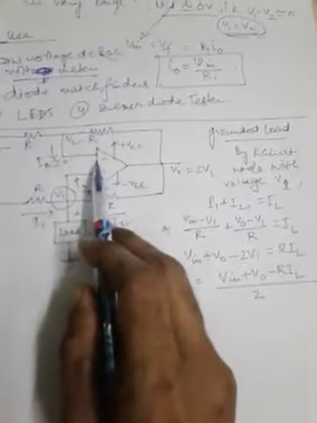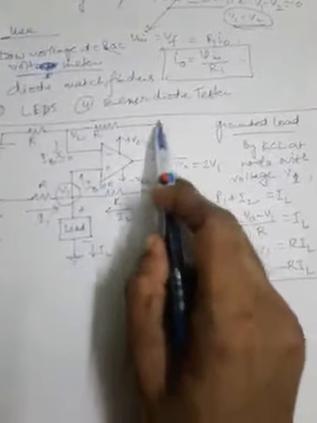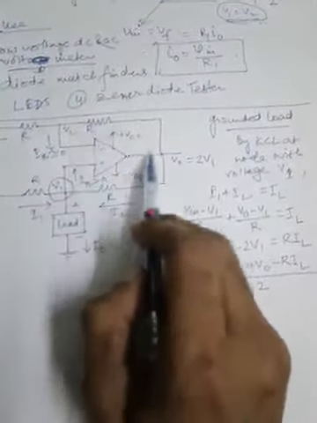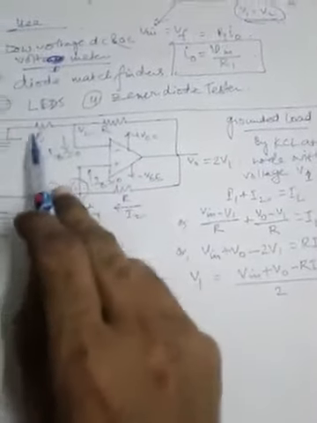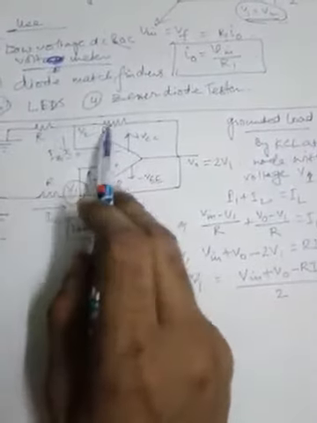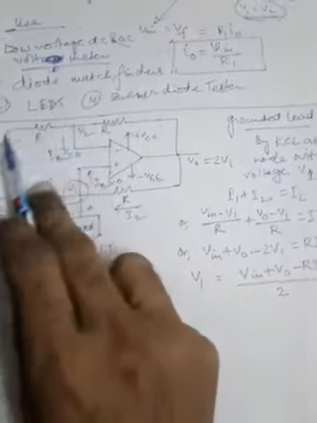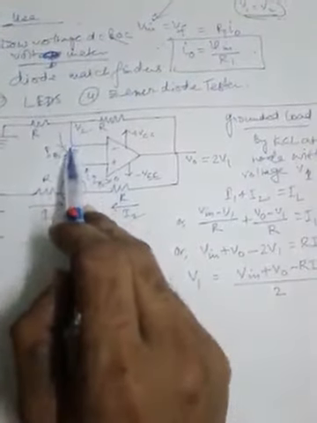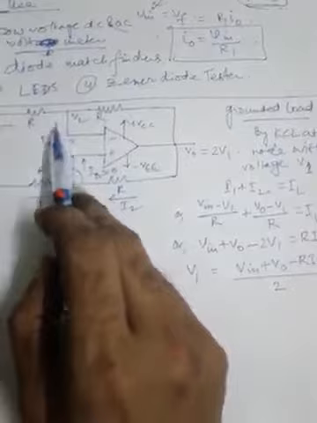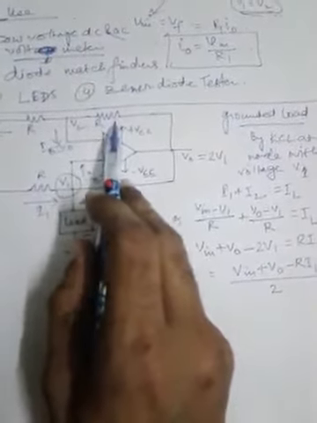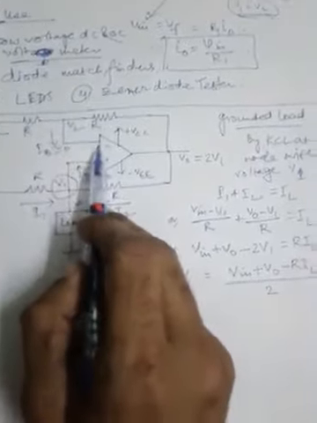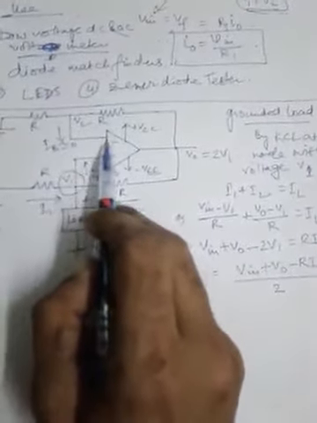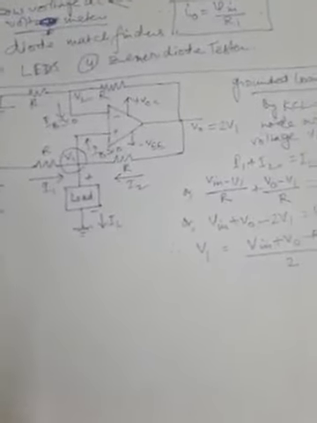At the inverting terminal, from the feedback side, from the output side, through R and another R, two resistances are connected to ground in a potential divider configuration, and it is tapped from in between and connected to the inverting terminal. Now we have found this V1.